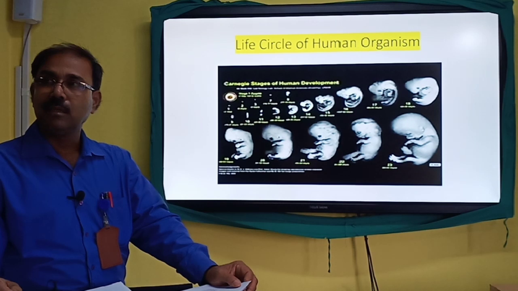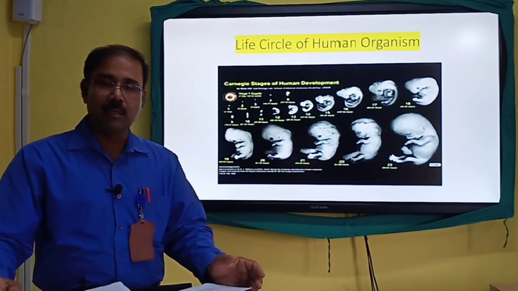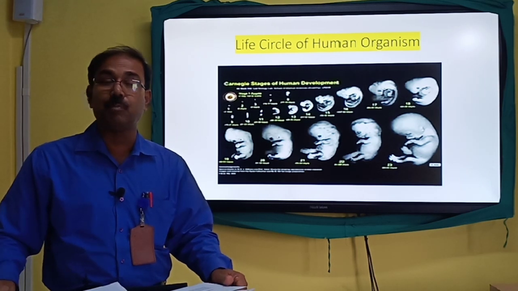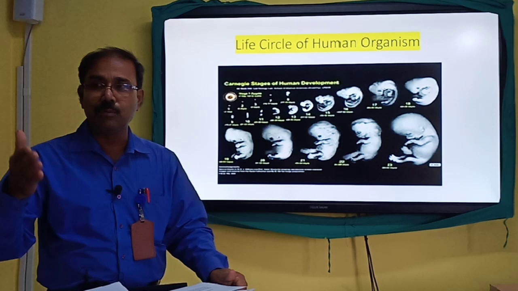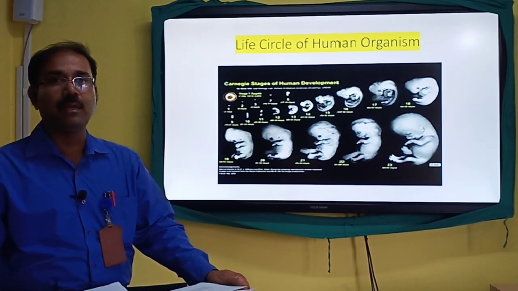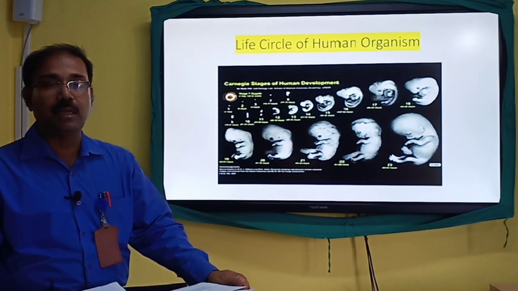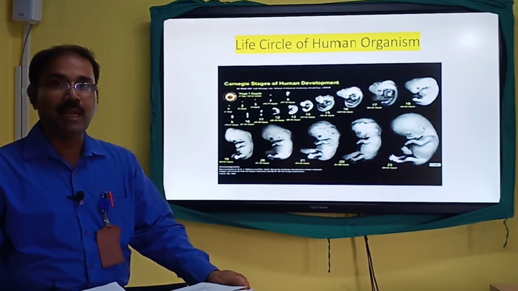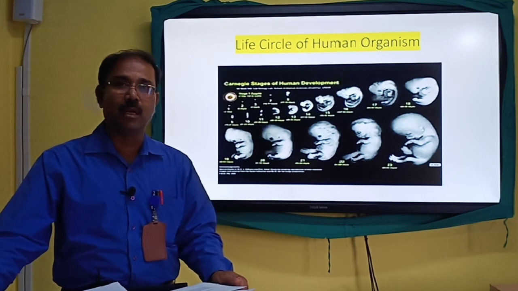And friends, dear students, all the dignified participants, the stage of conception has special importance in the later part of human life, because what you are today, everything was determined when you were inside the mother's abdomen. Means in a particular moment when you as a cell, the concept of you as a cell, was formed inside your mother's abdomen.